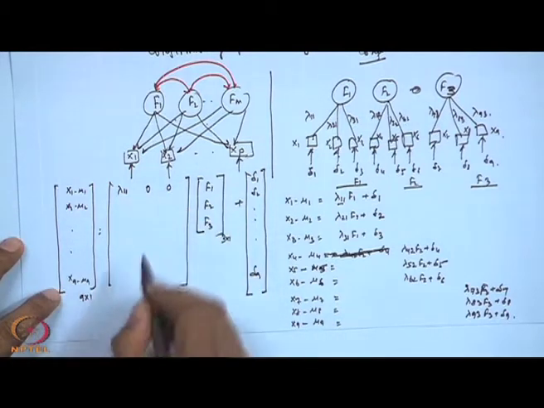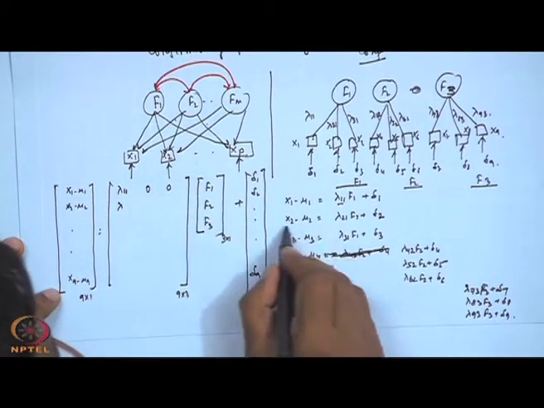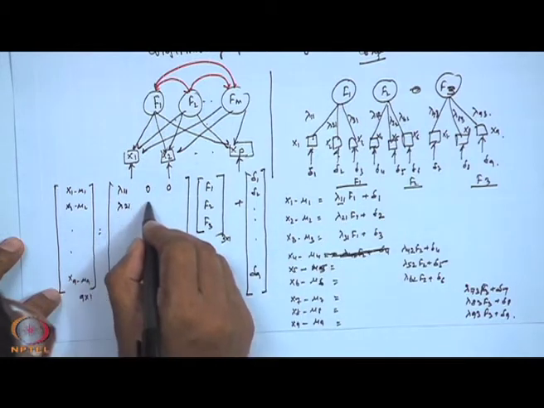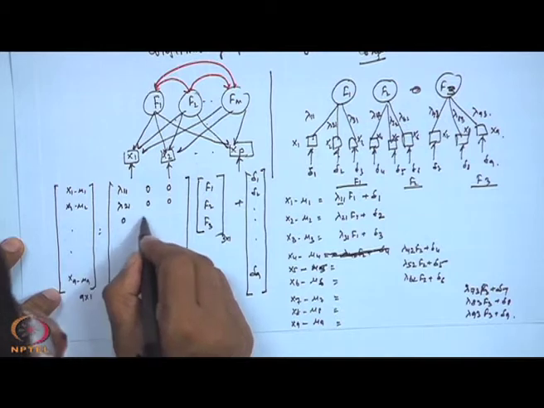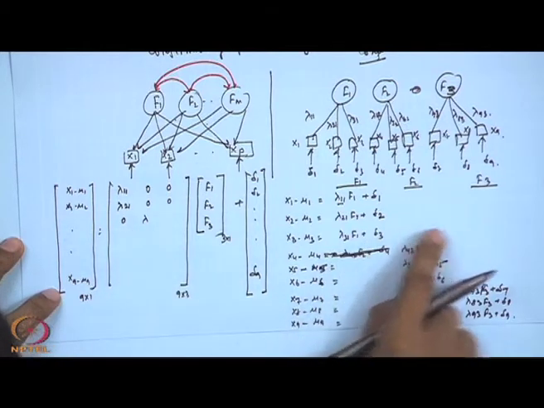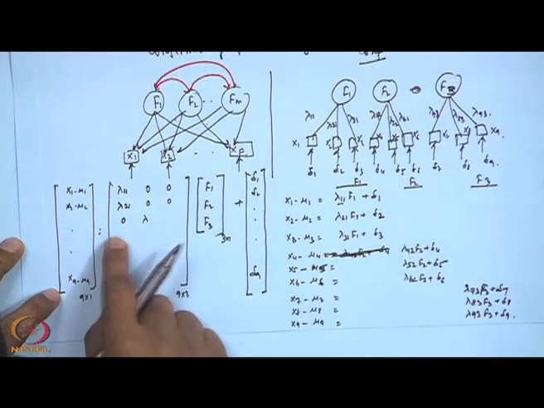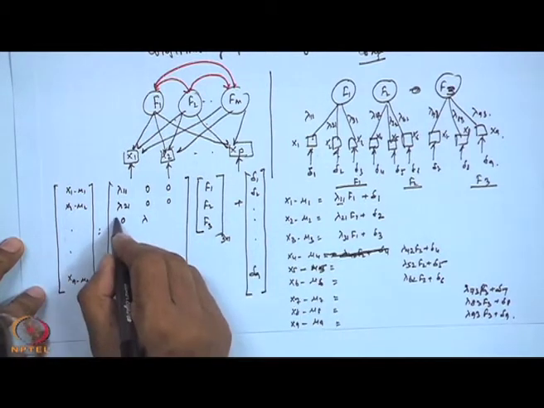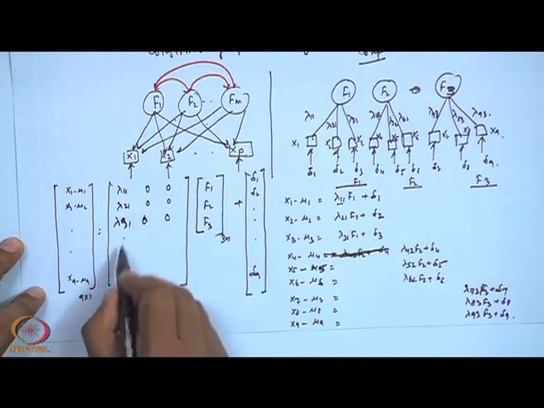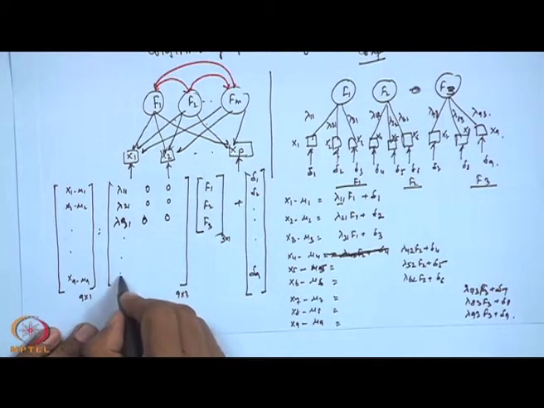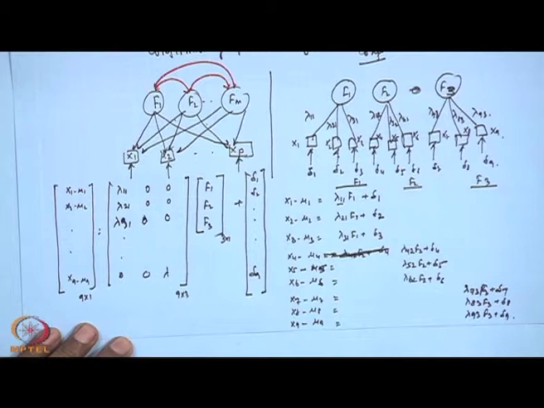What will happen? 0. Then lambda 2 1 0 0. So, similarly 0, how many things are there? 3 probably, lambda 3 1 0 0. So, similarly finally the last one also 0 0 lambda whatever is 9 3.